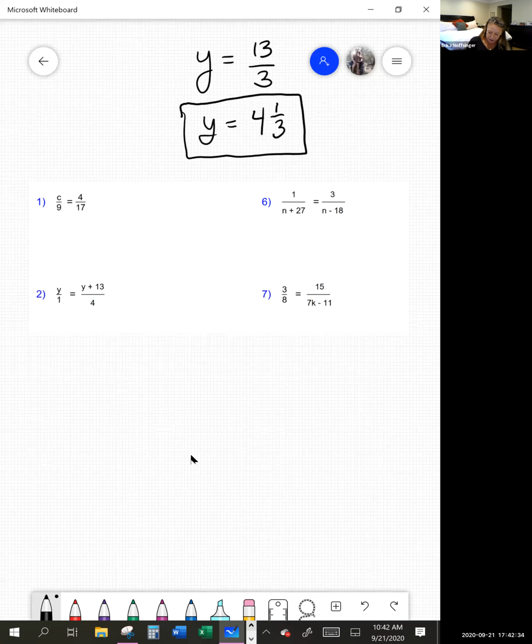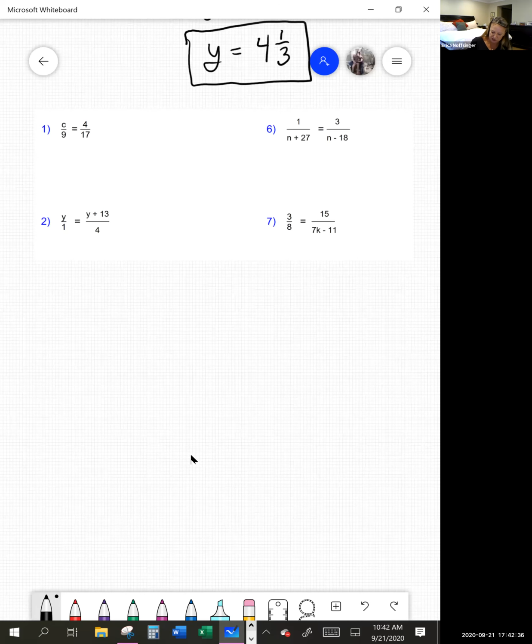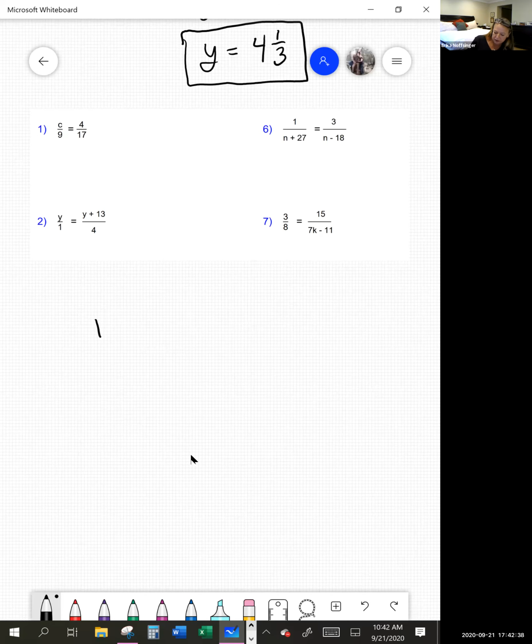Okay, so jump into the next one, which was 1 all over n plus 27 is equal to 3 all over n minus 18. So just be careful here when you're distributing.